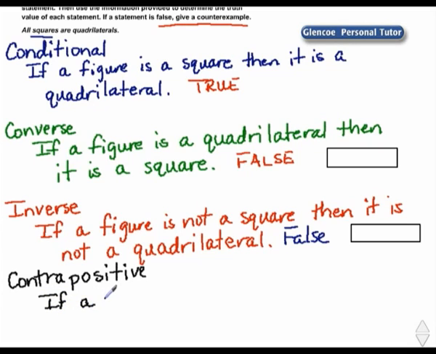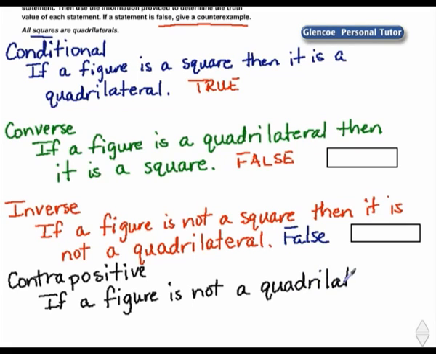If a figure is not a quadrilateral, then it is not a square.